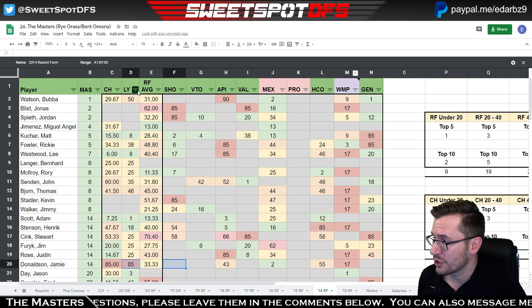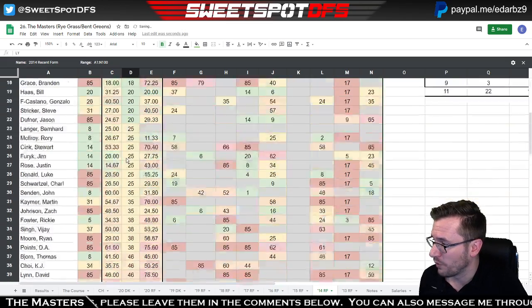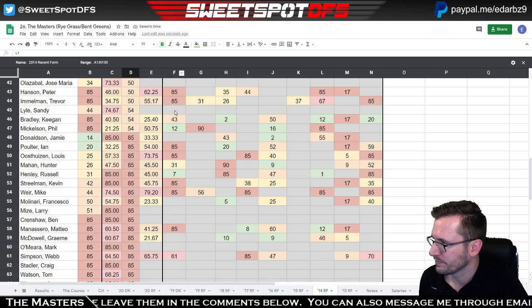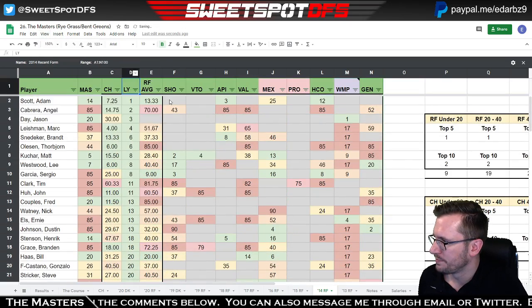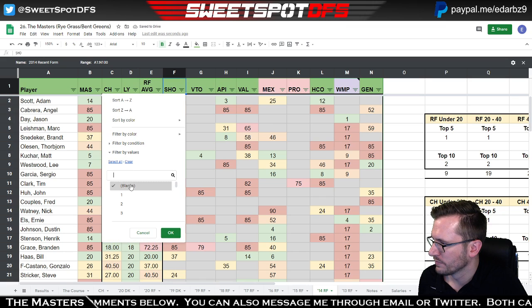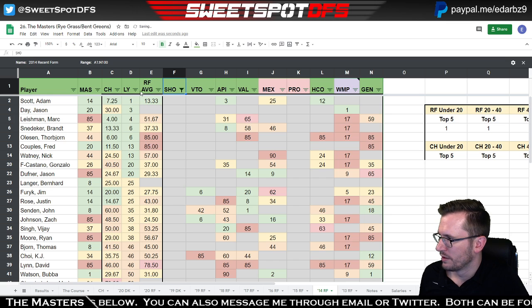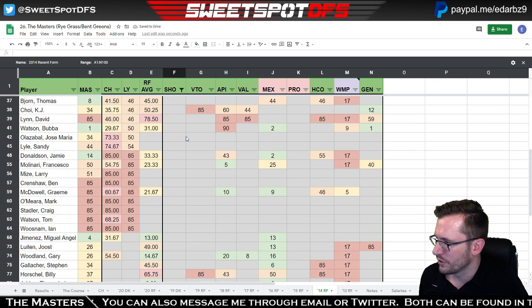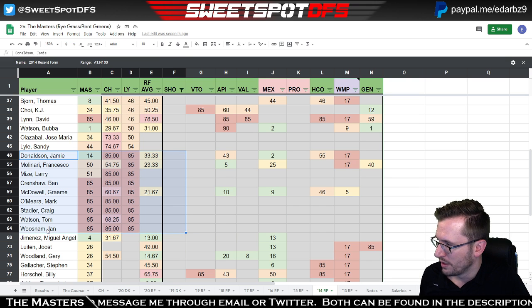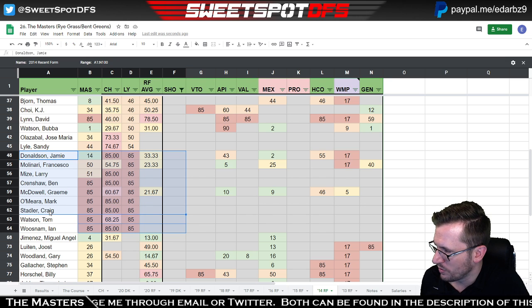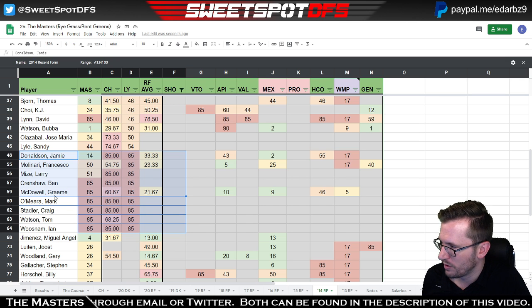How many did we actually see that were 4-1s? Yeah, we'll just go right here. So our pool were these guys here. Woosnam, old. Watson, old. Stadler, old. O'Meara, old.